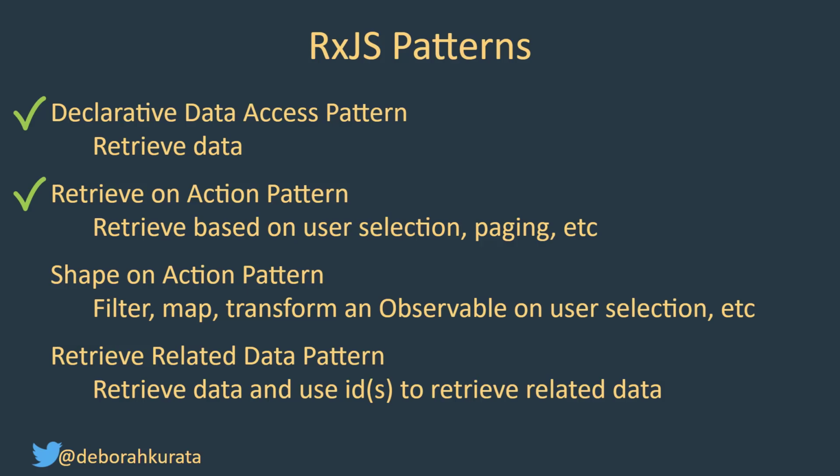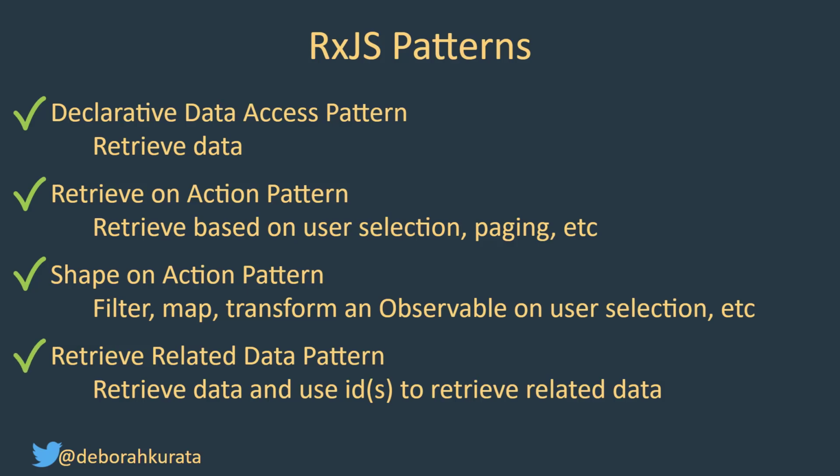I only want the first page of data. Now I want the second page of data. So you can use the same pattern, that exact same set of pipeline operators for paging. The shape on action pattern we can use for filtering, mapping, or transforming an observable on user selection. So that's making the assumption that you're not going out to get new data, but rather you're going to somehow modify the data that you have, filtering or transforming it in some way.